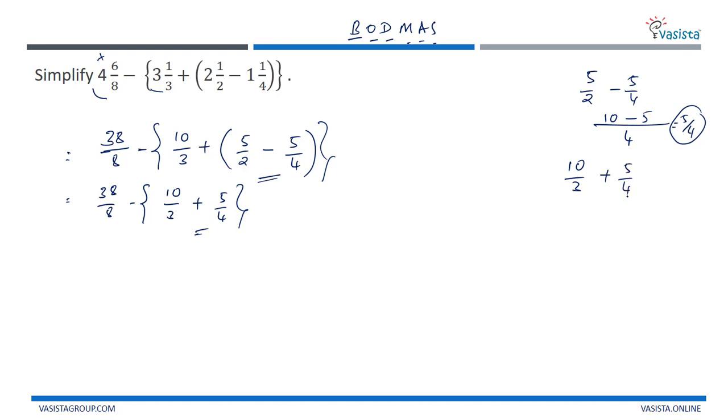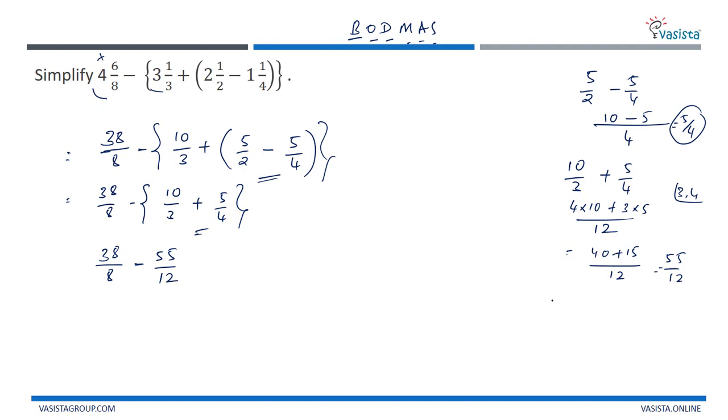Take the LCM for 3 and 4, which will be 12, right? 3 times 4 is 12, so 4 into 10 plus 3 into 5, that is 40 plus 15 by 12, which is going to be 55 by 12. Now 38 by 8 minus 55 by 12.